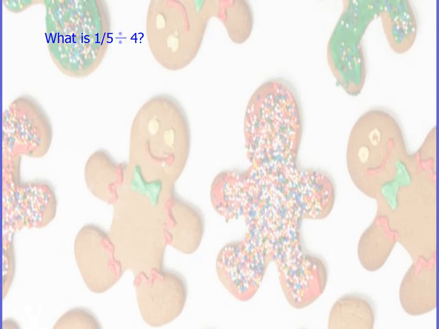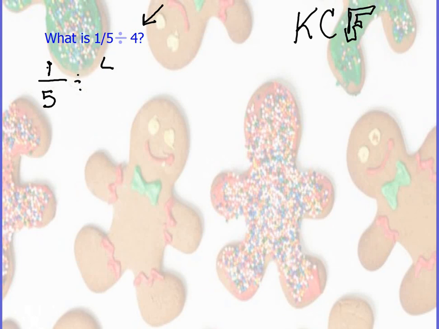All right, and again, I got another problem for you here, and I added one where we have a whole number, okay? So remember, the first thing we need to do, even before we start to do our keep, change, flip, is turn that whole number into an improper fraction. So I have 1/5 divided by 4/1.